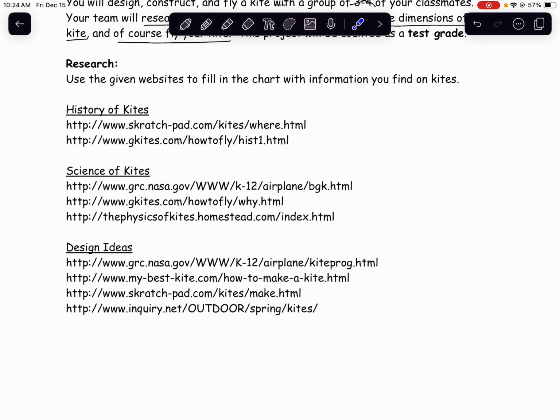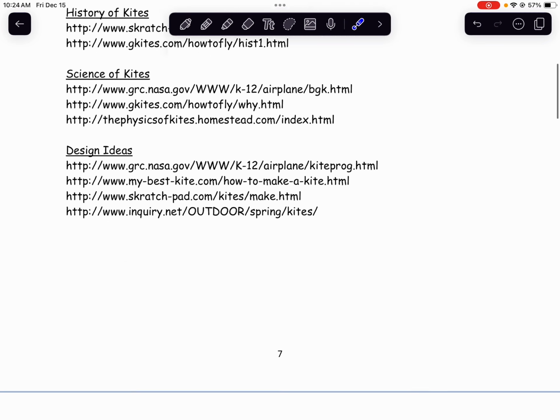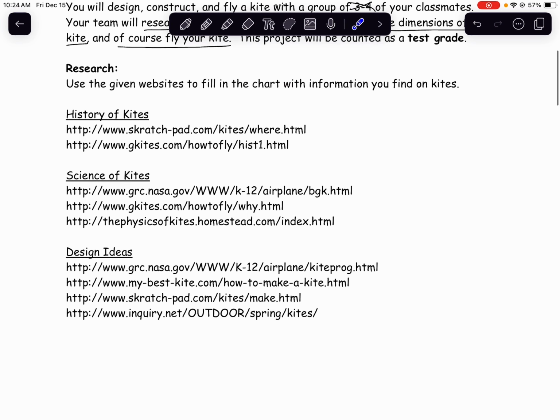So even though one of these is like a NASA website, I'm pretty sure, it's still blocked. So your best bet is just to Google history of kites, find the information you need, science of kites, write down the information you need, and then design ideas. Okay, so my suggestion is just Google them, search them on your own without these sites, because not all of them work. If you do it at home, which you're not going to, they would work then.